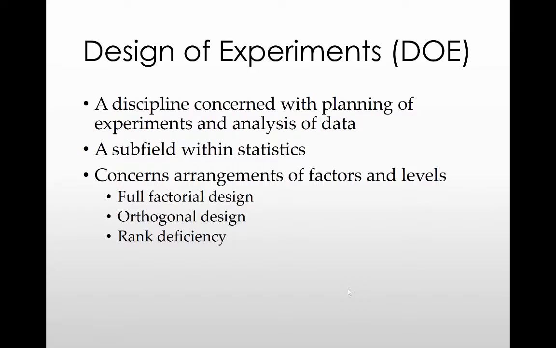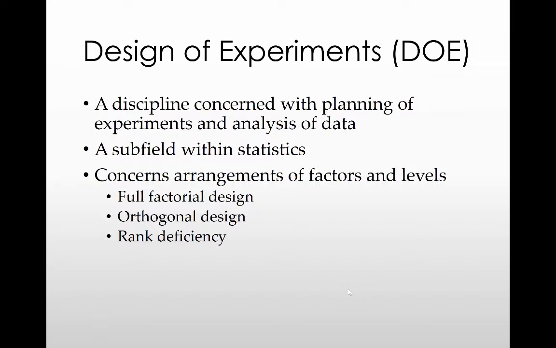Now, design of experiments is a discipline concerned with planning experiments and analyzing data. So it covers both the early part of the process in which you're just thinking ahead to what you're going to do, and also the later part in which you try to understand what it means and make inferences.